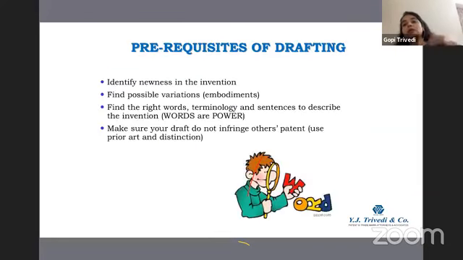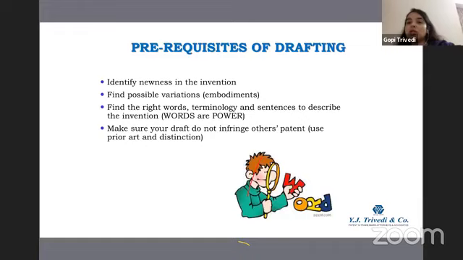Now, while I'm doing the drafting, I have to be a little bit careful about certain points. I always have to mention the newness of the invention over the existing technology. I must provide all possible variations, which are referred to as embodiments in patents, as many as possible along with this particular application only. I am not required to file a new application for those variations. I'm basically expected to provide variations in the same patent application.